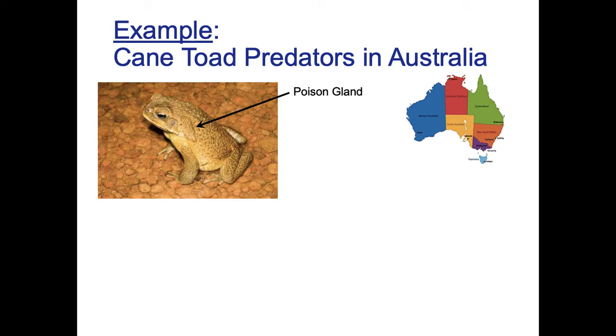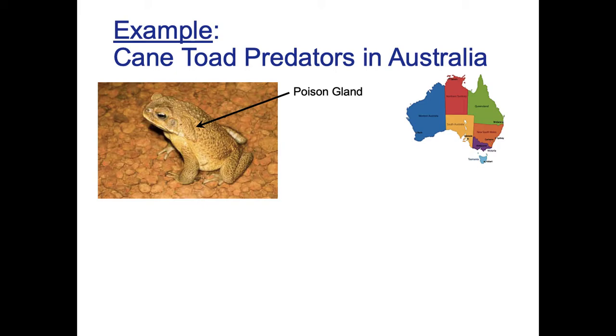They introduced these toads with the idea that they would control this sugar worm and we'd get better sugar production in areas of Australia. Unfortunately, the cane toads don't eat those cane worms at all, and they don't help with sugar production. But yet now there are tons of these cane toads all over Australia.